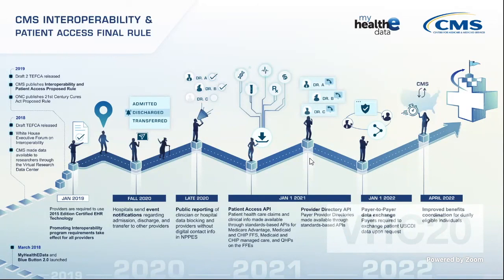Later this year, we will begin publicly reporting the names of clinicians and hospitals who have attested to certain information blocking provisions in a manner that indicates they may be information blocking. As part of our Promoting Interoperability programs, we have certain attestations that clinicians and hospitals are required to complete about whether or not they have engaged in information blocking.